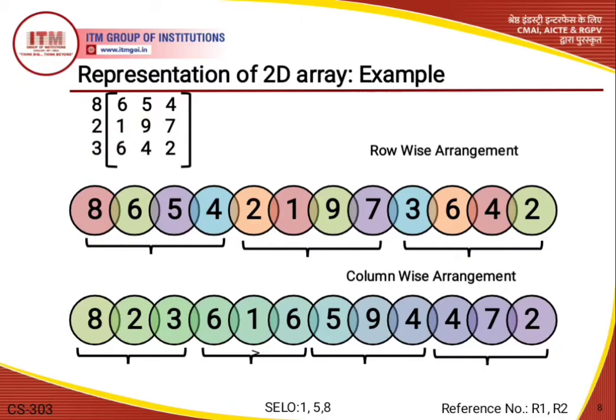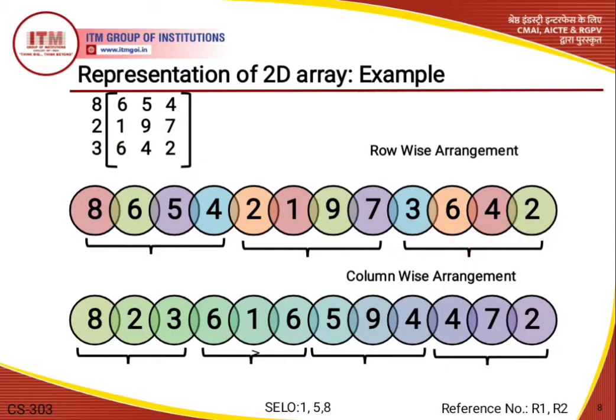When we represent it in memory, it takes position in the form of 2197. This is known as row 1. And then the next one is the third, which is 3642. So it is represented as row 2 here.